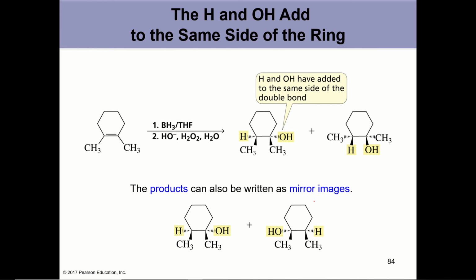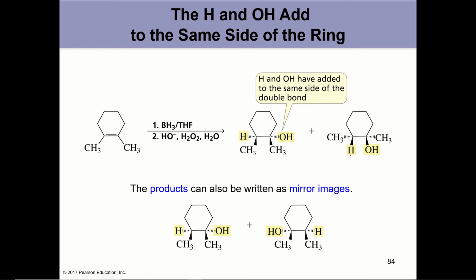Okay, so for example, I have this cis 1,2-dimethylcyclohexene, and hydrogen and OH add on the same bond type. So the methyl groups remain in the same bond type. But because the hydrogen and the hydroxyl group can add either above or below the double bond, when they add below, they're both on the hatched wedge.